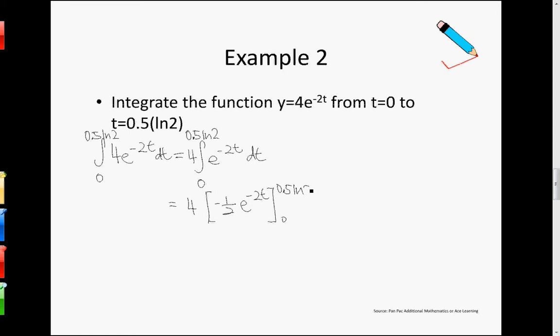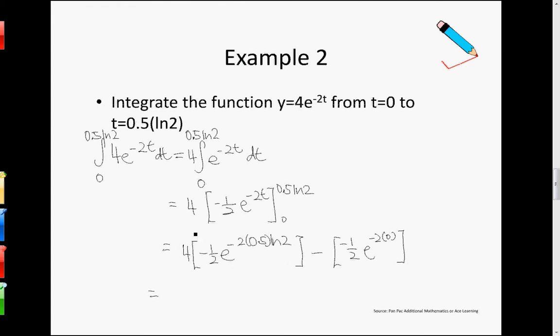From 0 to 0.5 ln 2. Okay, and then for negative half e to the power of negative 2 times 0.5 ln 2, minus negative half e to the power of negative 2 times 0.